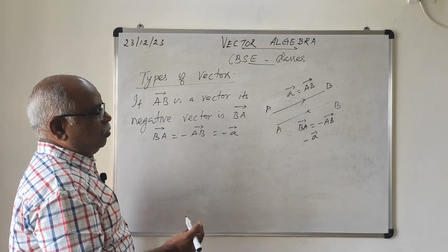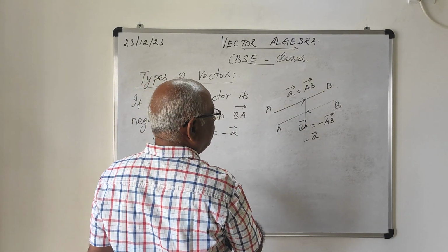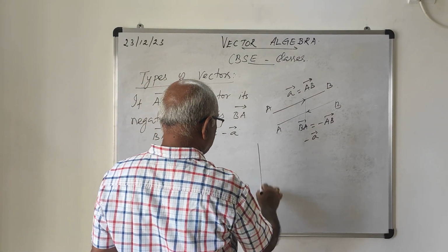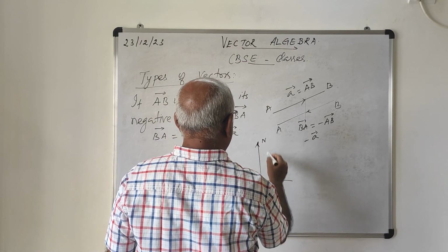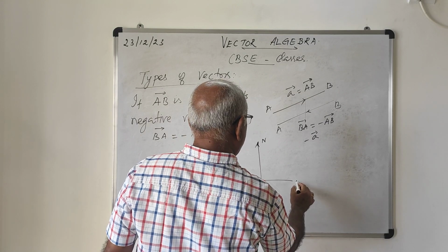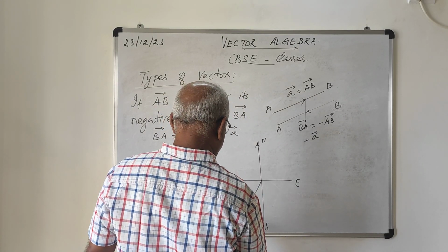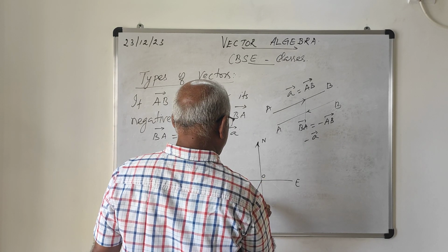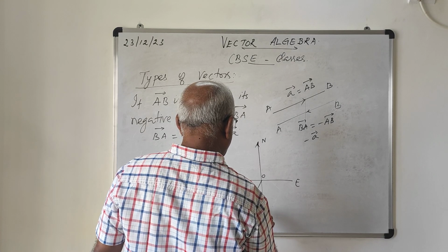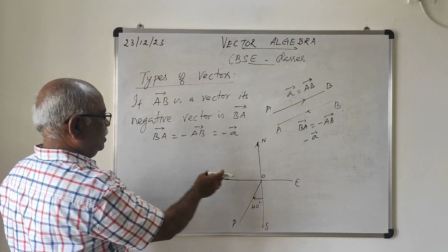And one more vector notation is, suppose this is north, this is south, and east, west. Suppose you have to find a vector OP at 40 degrees in the southwest.